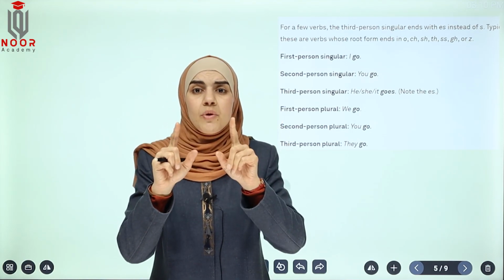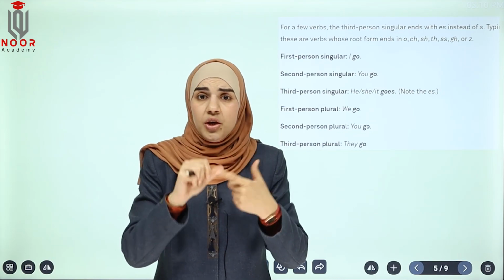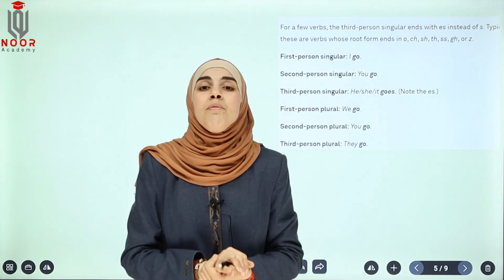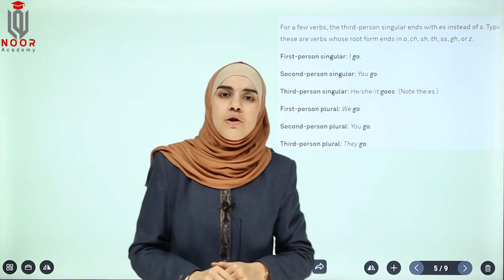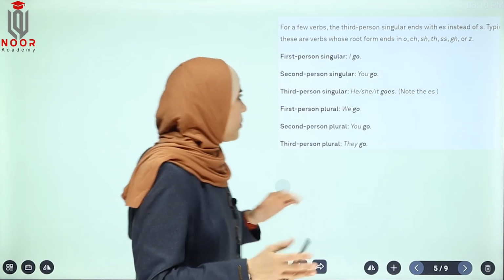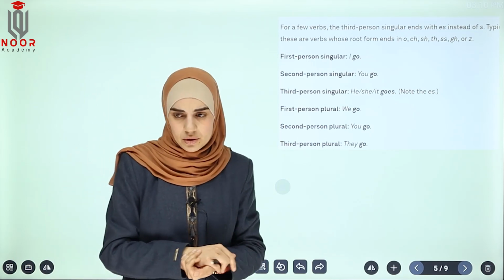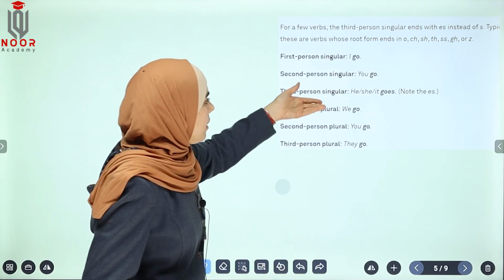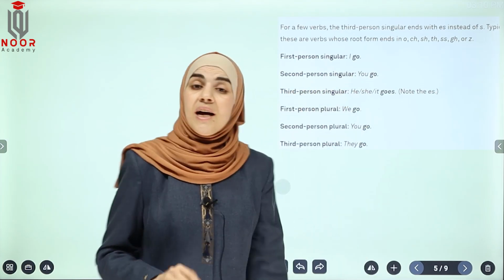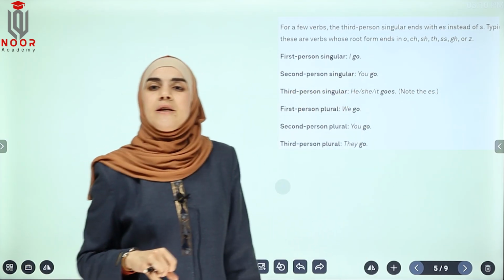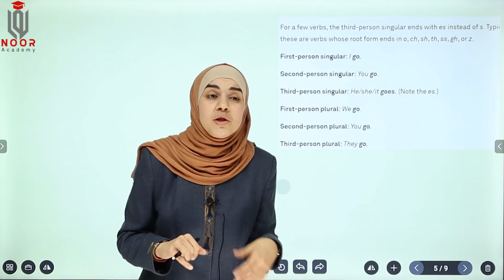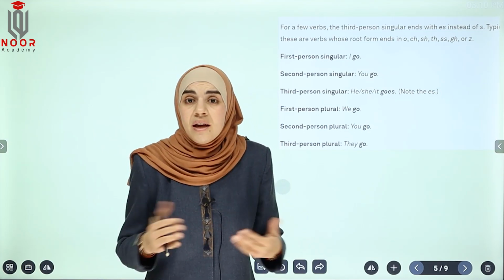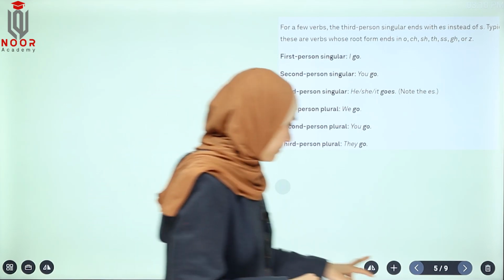I mean subject pronouns: I, we, they, you, she, he, it. We try to make them first, second, third, according to the plural and the singular ones. We also agreed on the suffix we add to the verb in the simple present. Sometimes we add s, sometimes we add es.